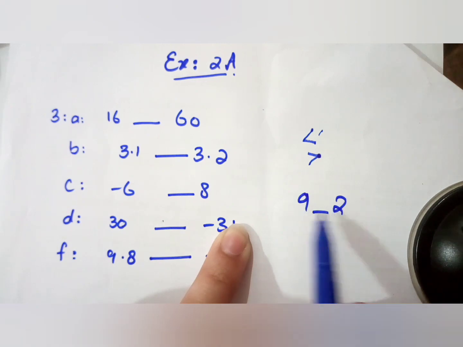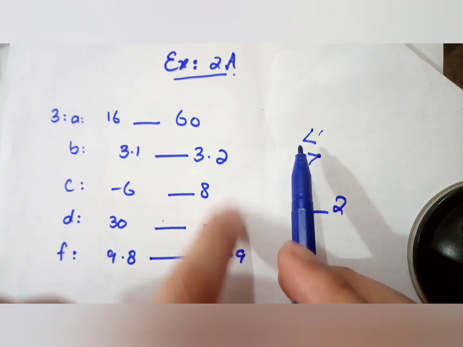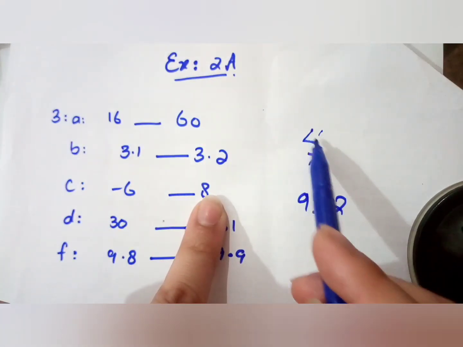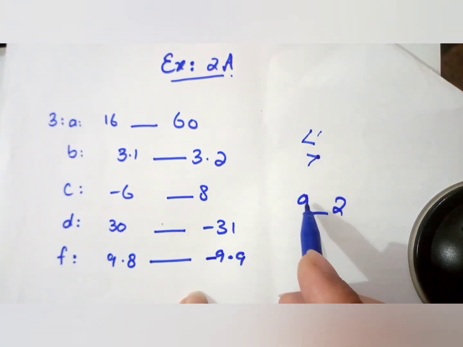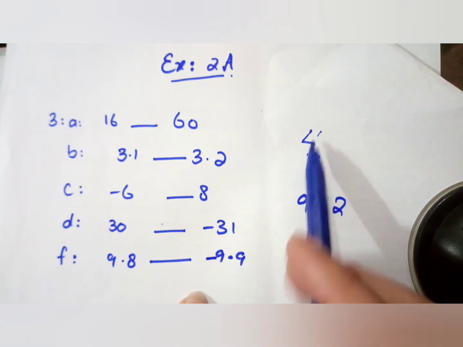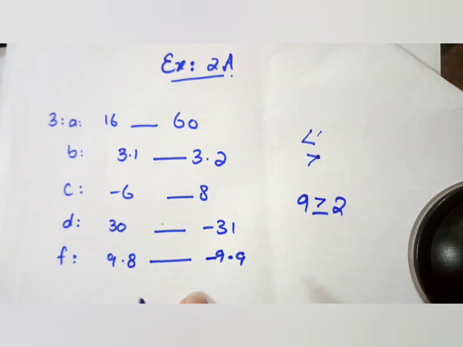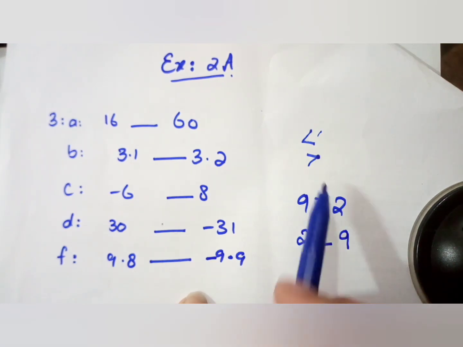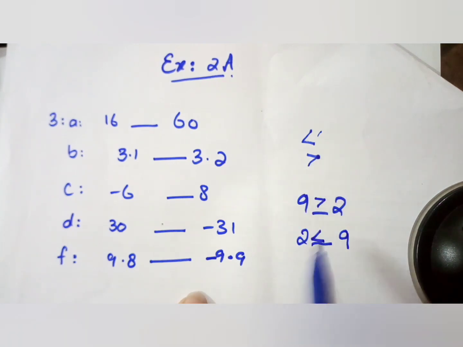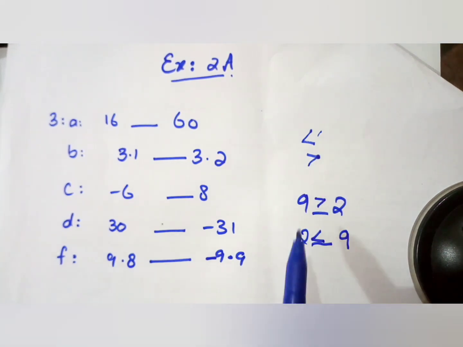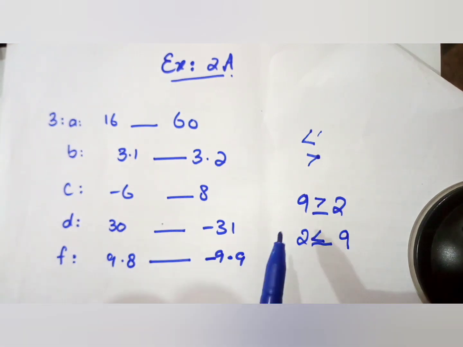Definitely 9. 2 is smaller than 9, so 9 is greater. Now look at the symbol. The bigger face will come towards the bigger term. So 9 is bigger and this is its bigger face, so we put this symbol. Now if I write 2 and 9, again 2 is smaller than 9, so I place the symbol so that the smaller face comes towards the smaller term. This is how we place the symbol after comparing the terms.